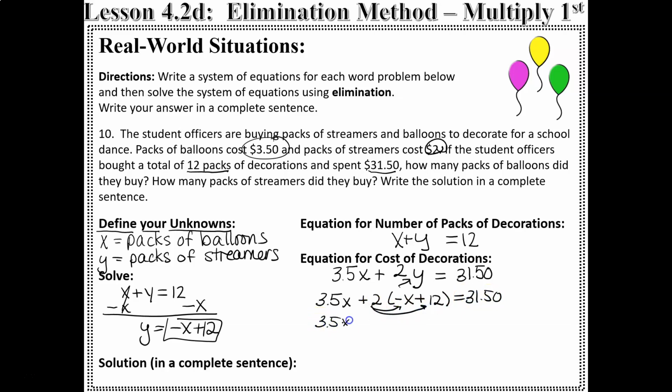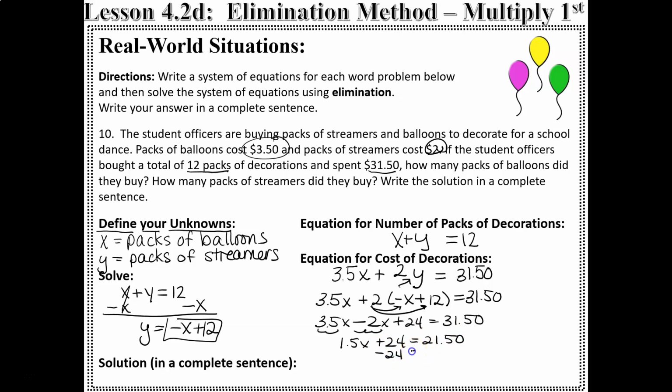I have 3.5x minus 2x because 2 times negative x is negative 2x, and 2 times 12 is 24, equals 31.50. I'm going to combine these. So 3.5x minus 2x is 1.5x plus 24 equals 31.50.